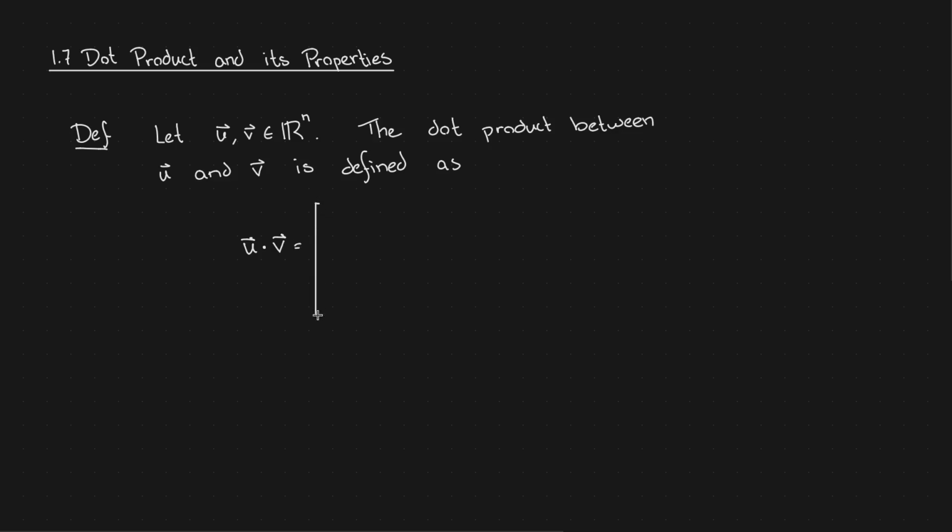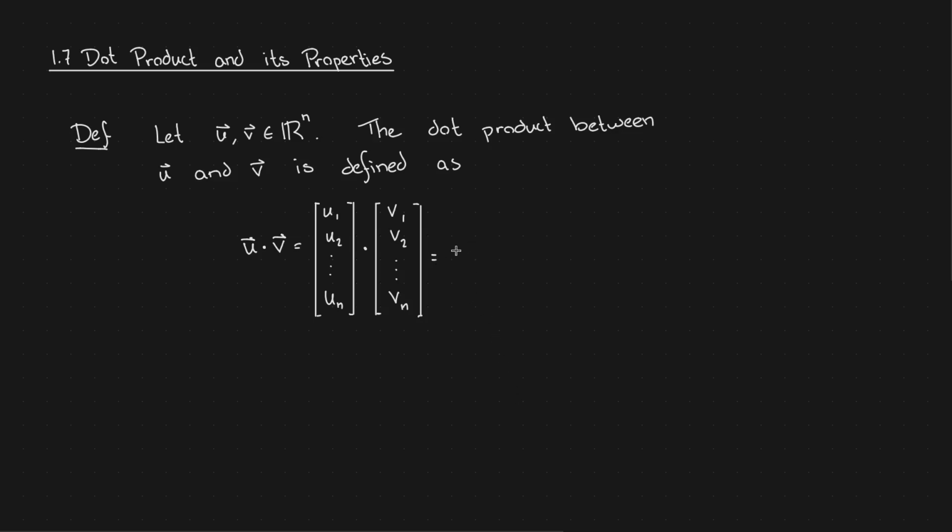So if u has components u1 to un, and vector v has components v1 to vn, then the dot product of these two vectors is just going to be the product of the corresponding components added together.